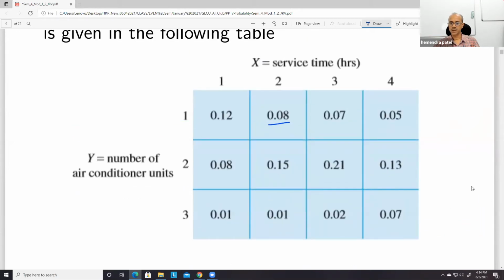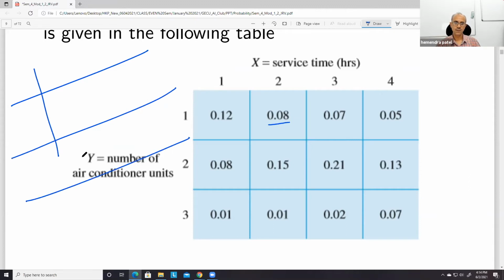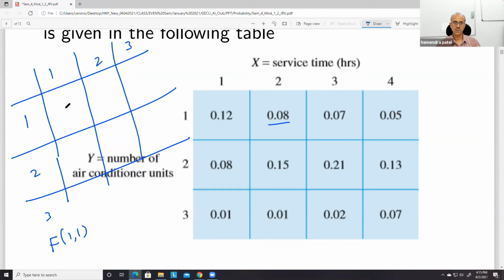For example, if you want to construct it here, say this is 1, 2, 3 and this is 1, 2, 3. Now if you want to find F(1,1), this is this position, so it will be 0.12. You know that the first element in the CDF is the first frequency only.